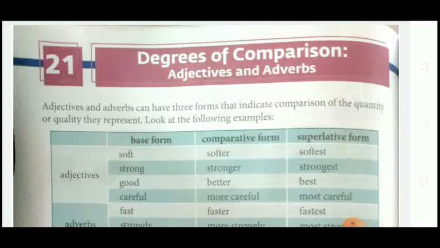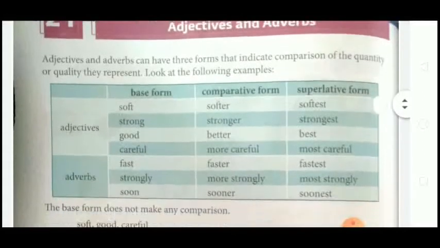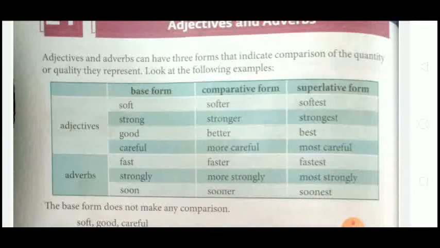Through this comparison we'll come to know. Okay, look at the following examples here. See, a table is given to us. In that we have three columns. First is for the positive or base form, second is the comparative form, and third is the superlative form.